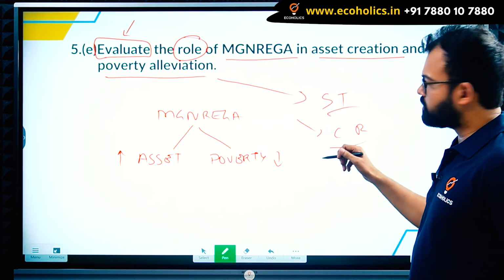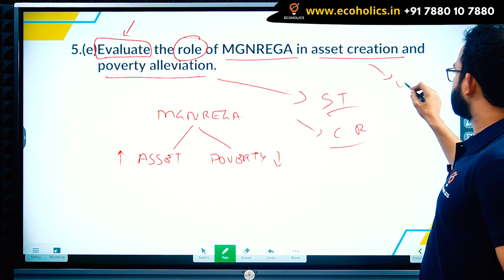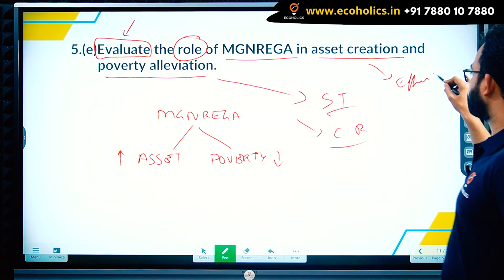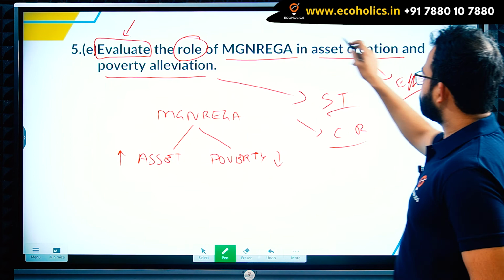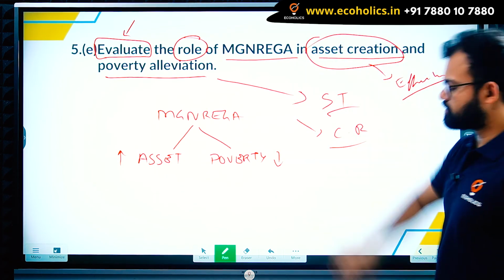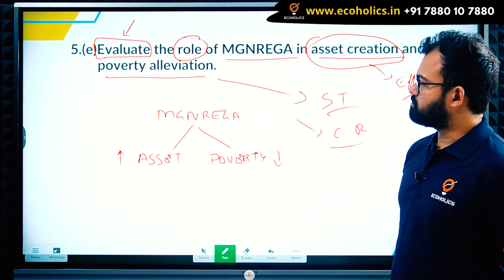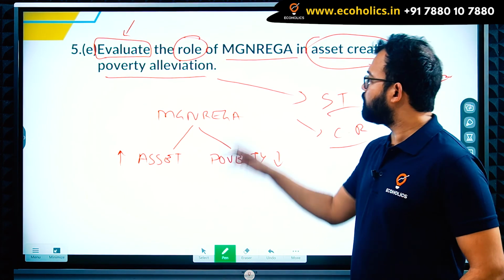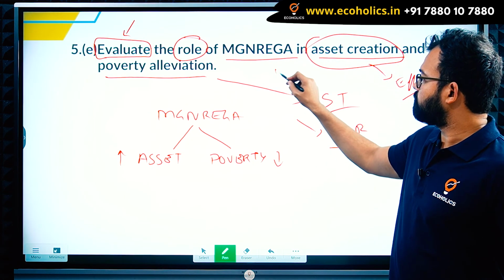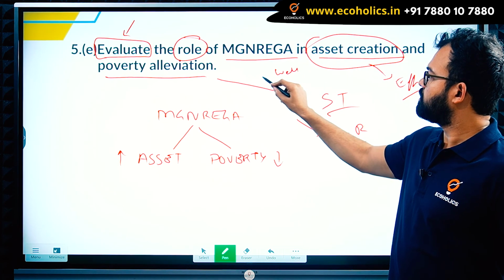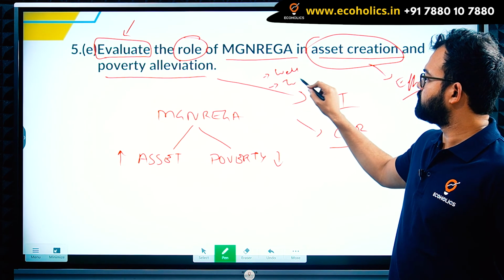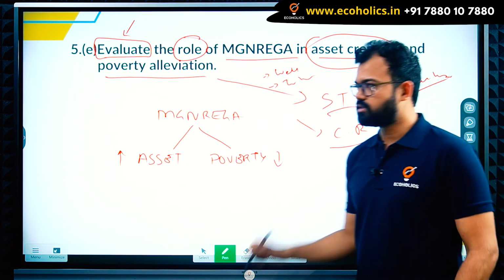In asset creation, you can quote the data of effective revenue deficit and what kind of assets states are creating, like roads and infrastructure in the rural areas, the feeder roads, as we call them. And in asset creation, you can say wells near the area, then tube wells, etc. So these are the things.